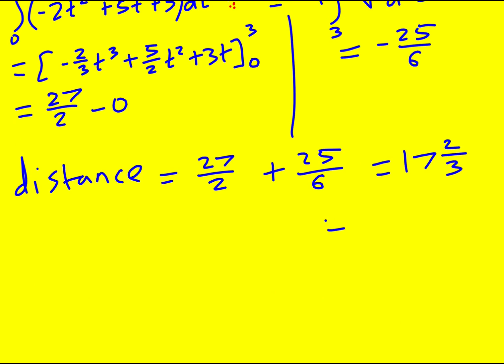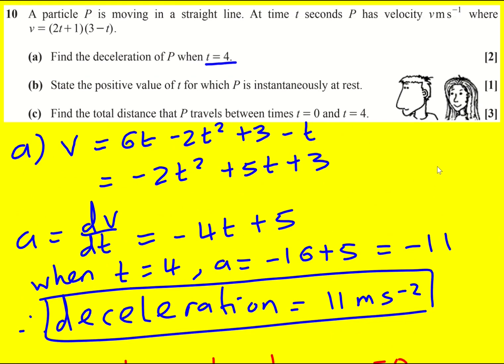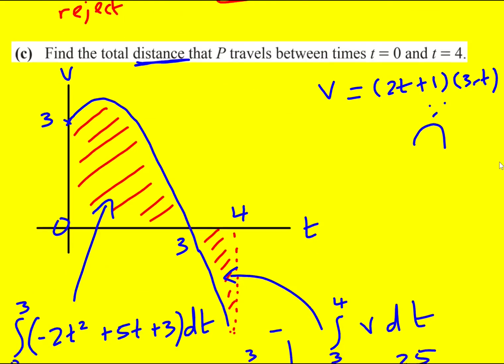Going to give my final answer to 3 sig figs, so it's going to be 17.6 recurring or 17.7. And I think we're working in terms of meters, yes.